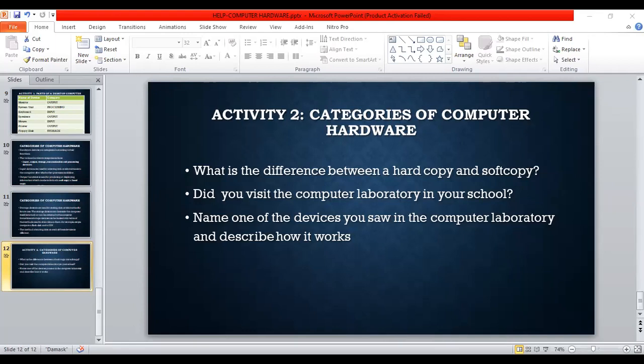Because actually, this computer that is connected to the smart board via a USB cable powers up that smart board.